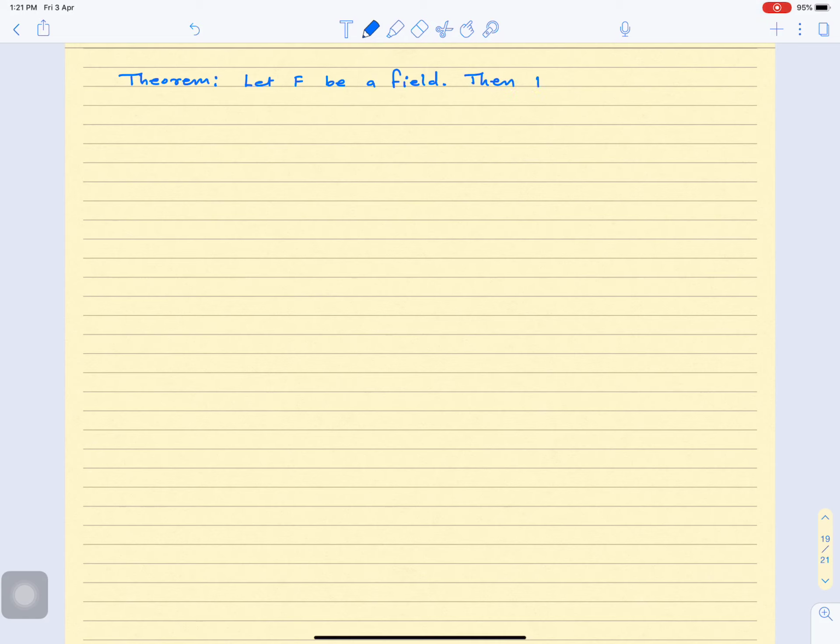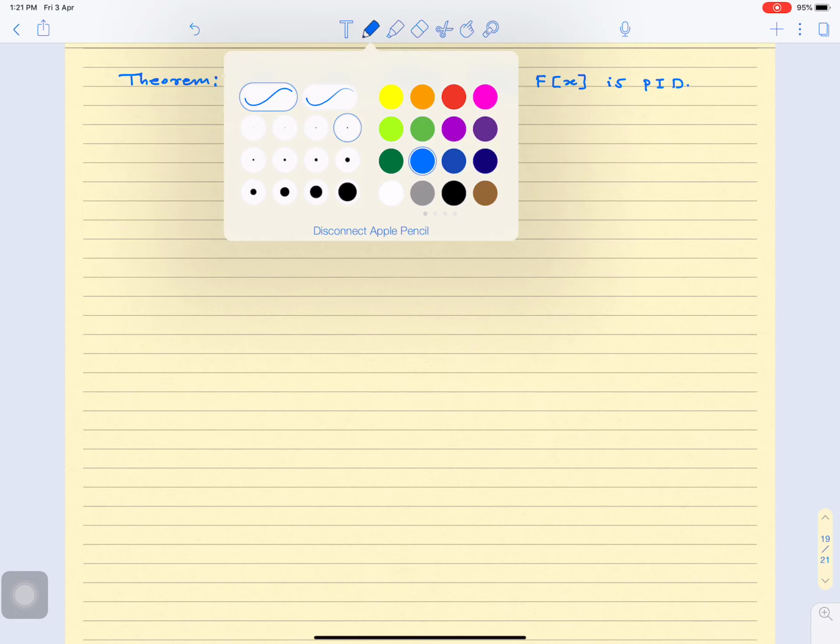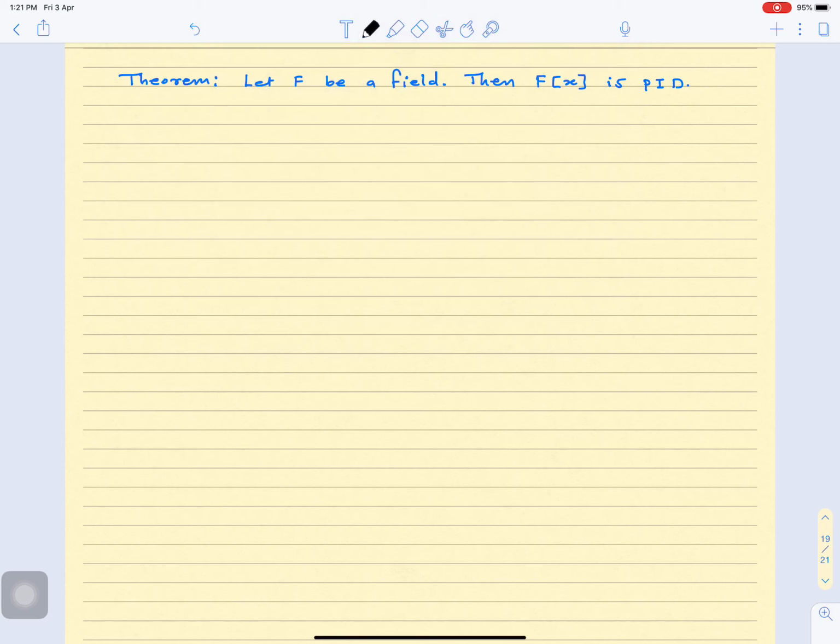Then F[x] is a principal integral domain. It is a PID. Its proof is very interesting, and it is also easy to understand. So let us see its proof.